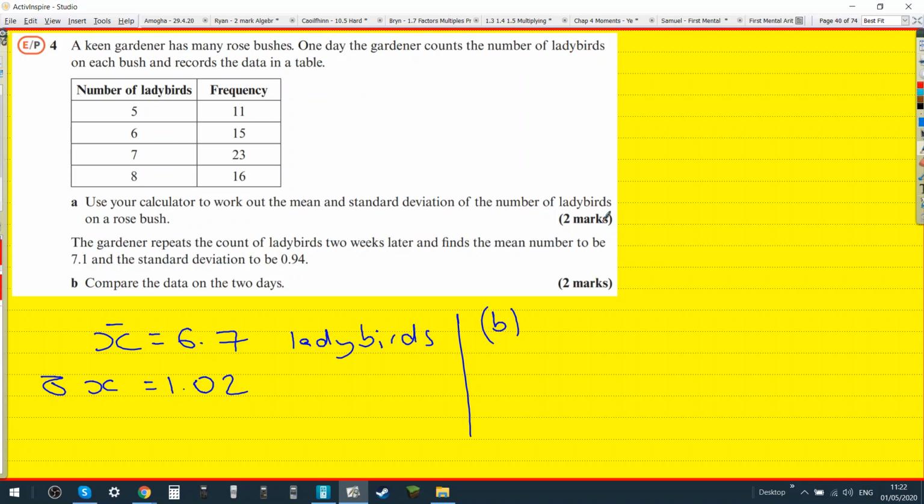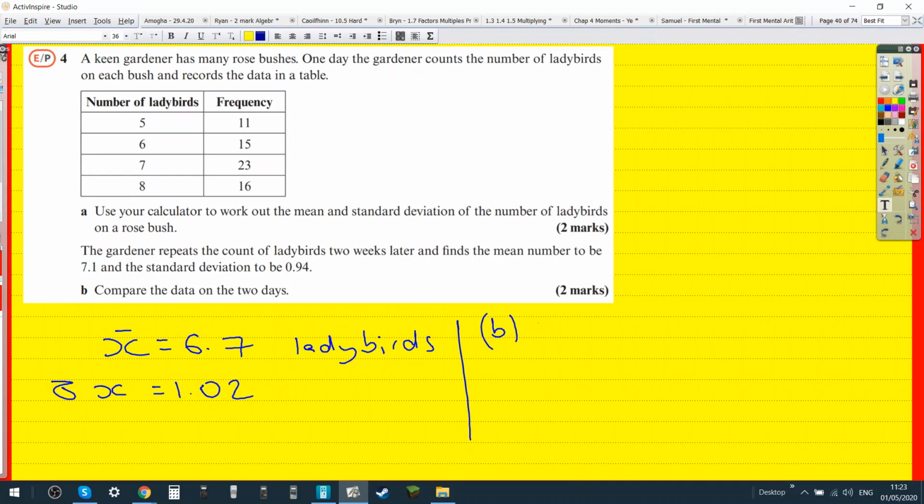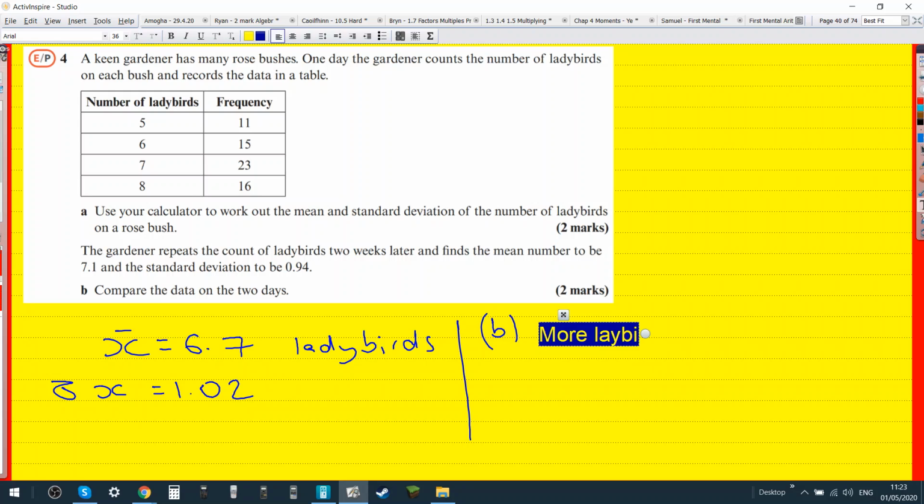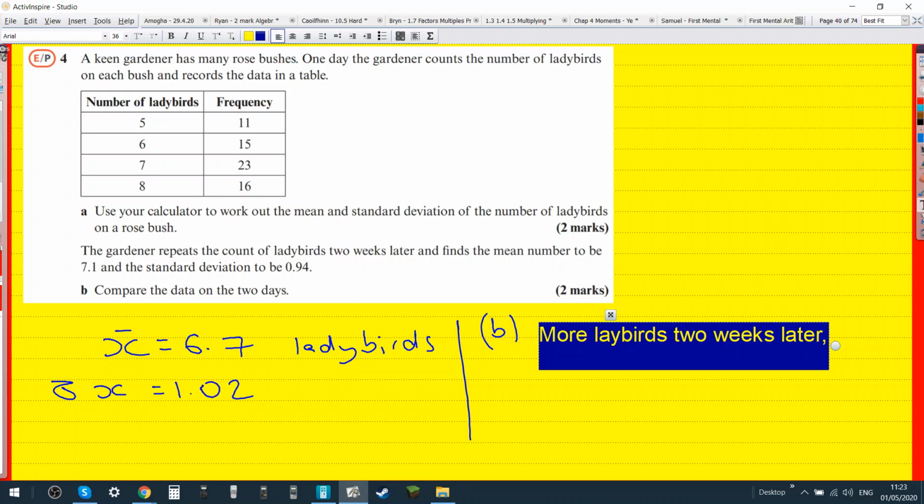So would you say something like that there were more ladybirds 2 weeks later than there were now, and there was a wider range of different ladybirds now than 2 weeks later.